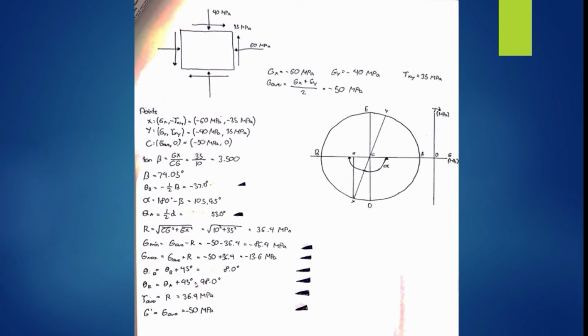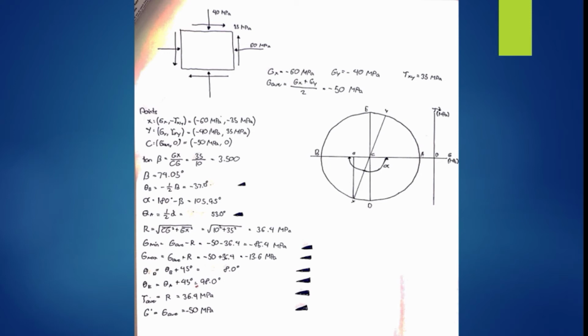Next is tan B equals τx over CG. To get that, you need to look at the points G to X, which is 35, then points C to G, which is 10. So it is equal to 3.5.